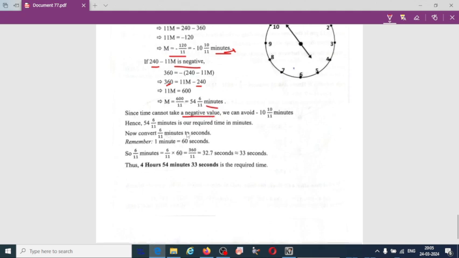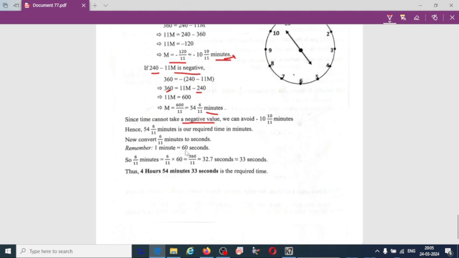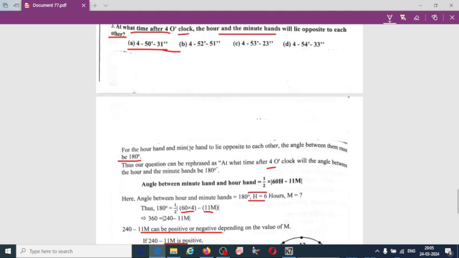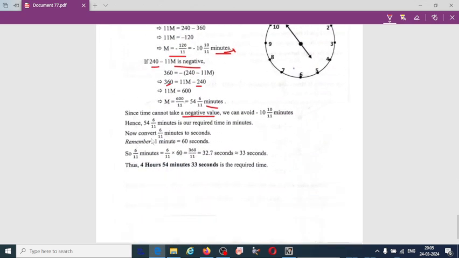Then if we observe the options given here, 54 and 6 by 11 minutes is our required time in minutes. Now convert 6 by 11 minute into seconds.